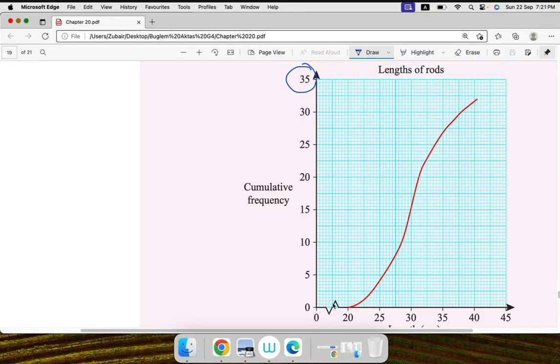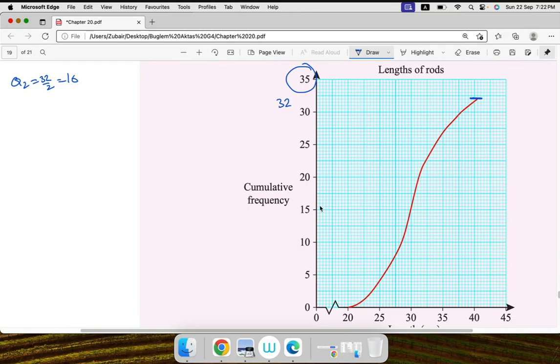Half of what? Always the total. And the total is where the graph ends. So that would be 32. So Q2 for 32 by 2 is 16.